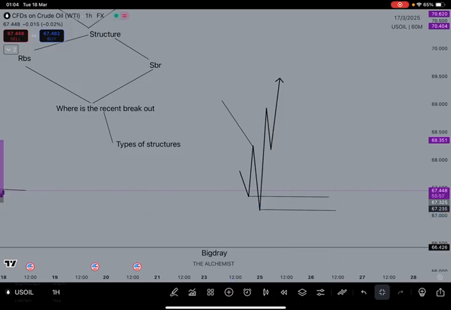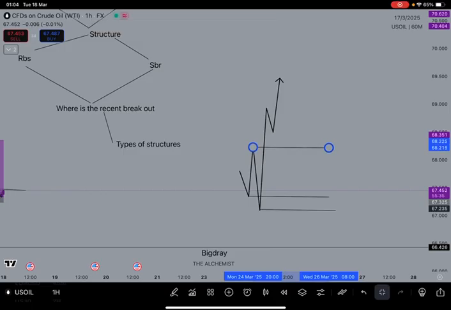Always put this at the back of your mind: always take the POI that is closest to your liquidity. If the market is like this, we know we will take from the RBS, the resistance became support.